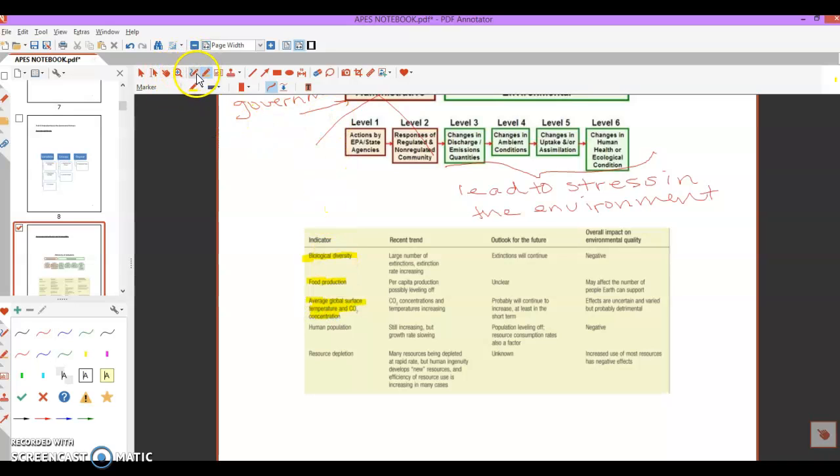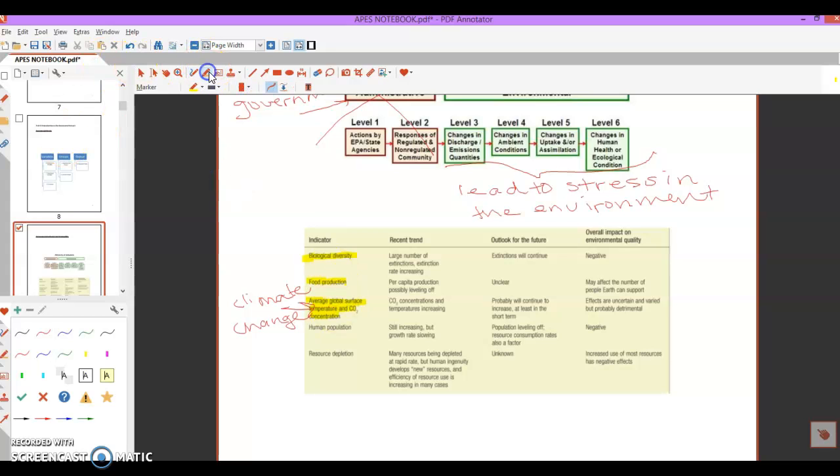So I'm going to go back up here and get my pen. Okay, this right here is referring to climate change, which we see happening every day now.